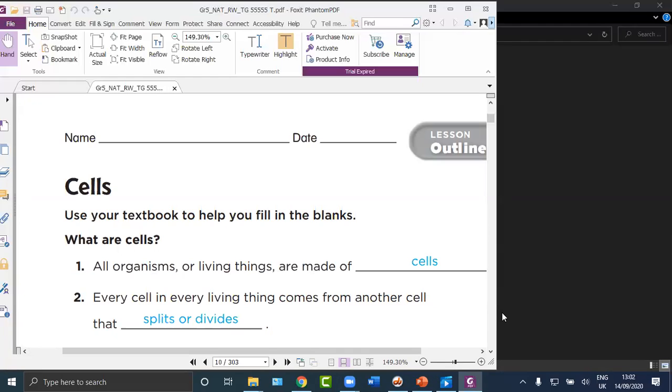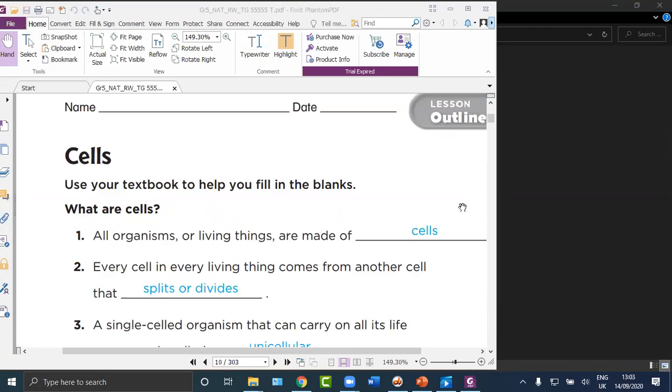Now, Yusuf Amr, number 3. A single-celled organism that can carry out all its life processes is called unicellular. Excellent.